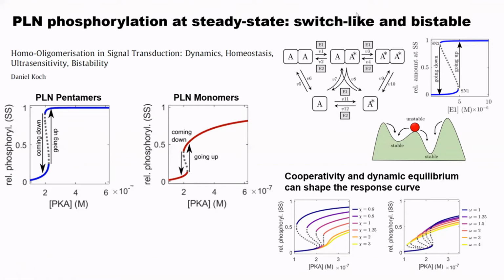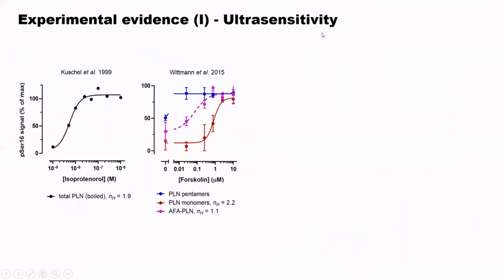Now, when you have such a model prediction, you also want to make sure that this is not just some numerical prediction. You also want to know whether that's actually something which occurs in real biological living systems. So I first focused on the switch-like behavior of the system and looked at different dose responses which have been already published in the literature.